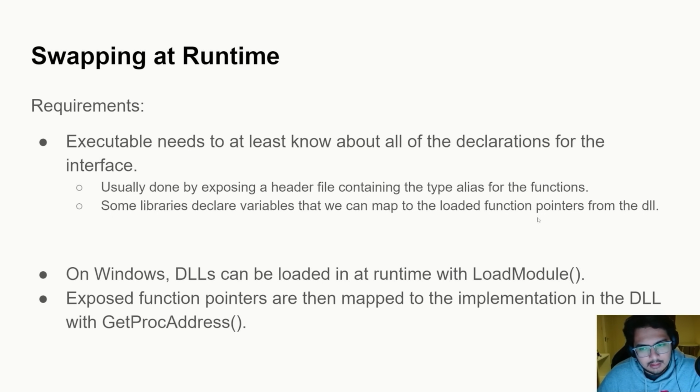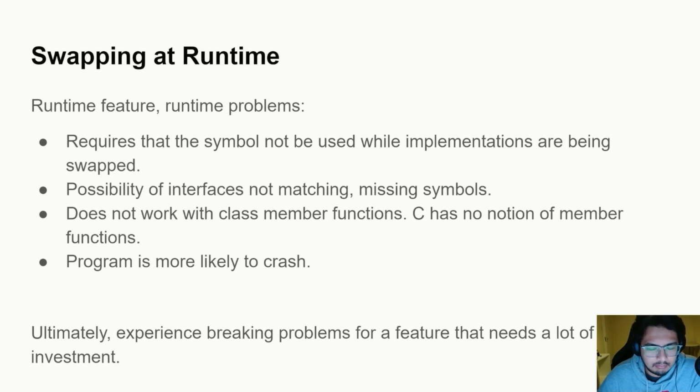Now, this method sounds really good and all, but making things work in runtime exposes runtime problems. Whenever you want to swap out implementations at runtime, first you need to make sure that the symbol that is already loaded in is not being used while the implementation is being swapped.